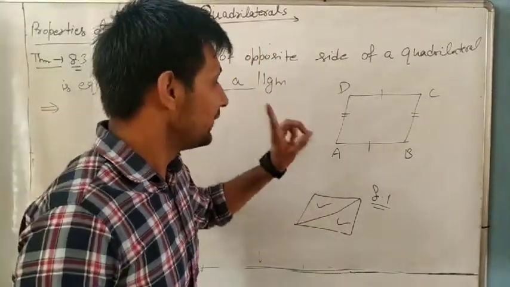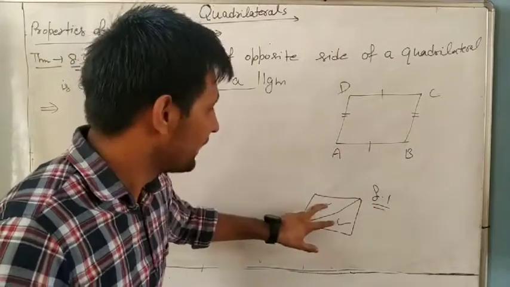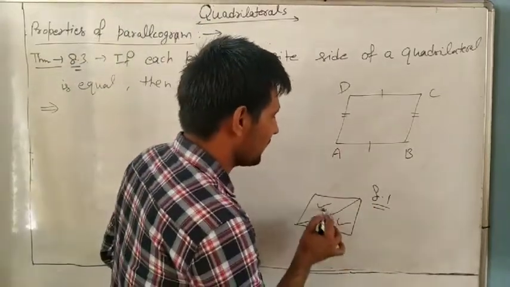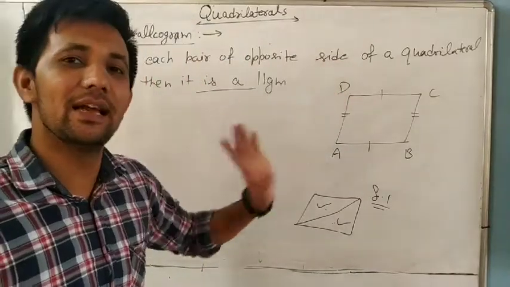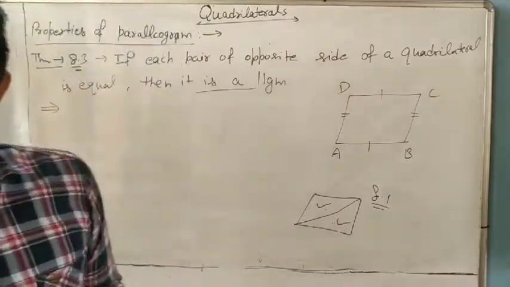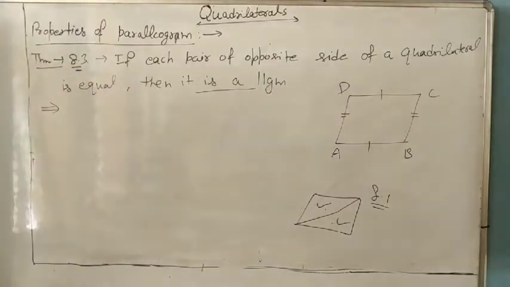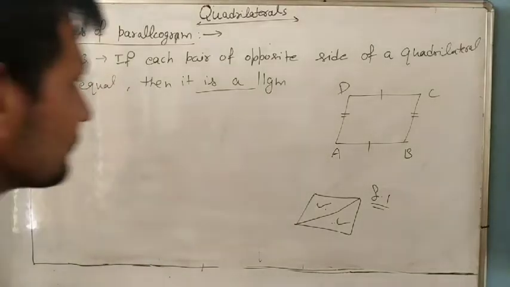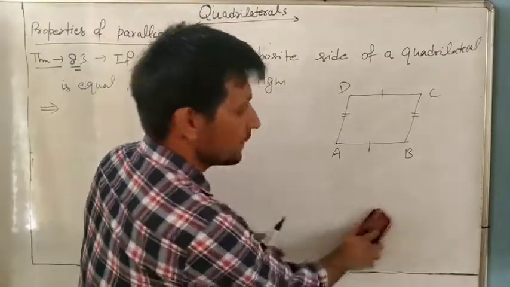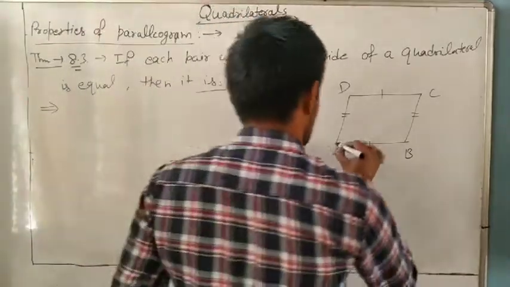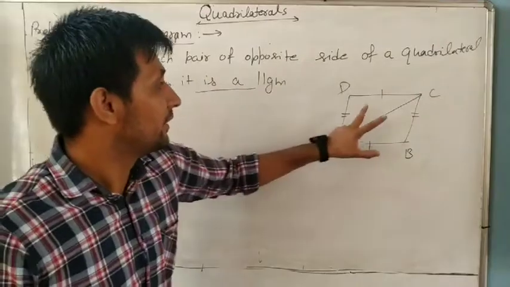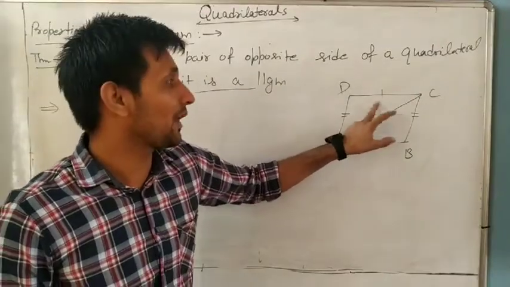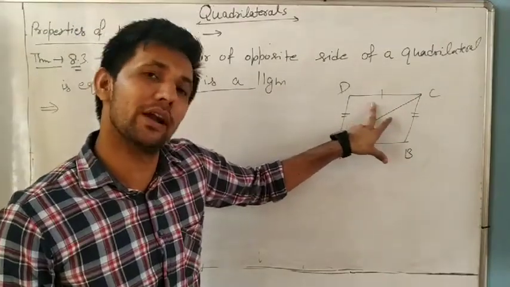It means if in any quadrilateral these two triangles are congruent, then it is a parallelogram. Understand or not? So we will prove that these two triangles are congruent, because in the 8.1 theorem we already learned the diagonal of a parallelogram divides it into congruent triangles.